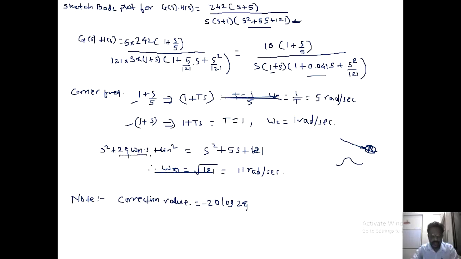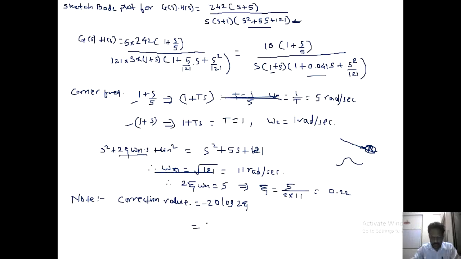From here, twice zeta omega n should be compared with the 5s, hence twice zeta omega n equal to 5, hence zeta is equal to 5 by 2 into omega n, so 2 into 11, and this value is zeta is 0.22. Okay, zeta is 0.22.